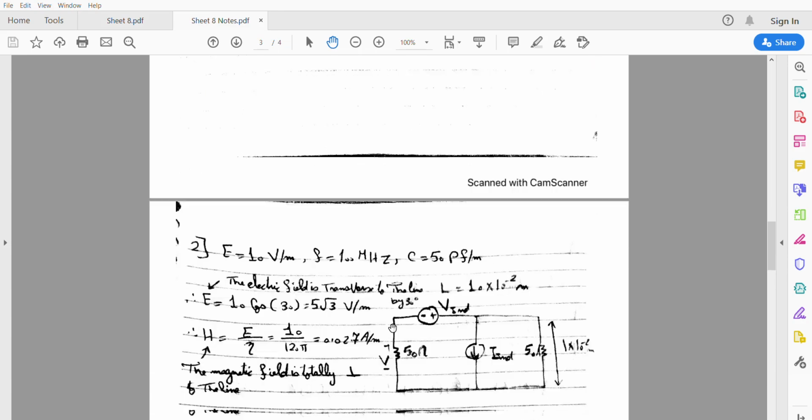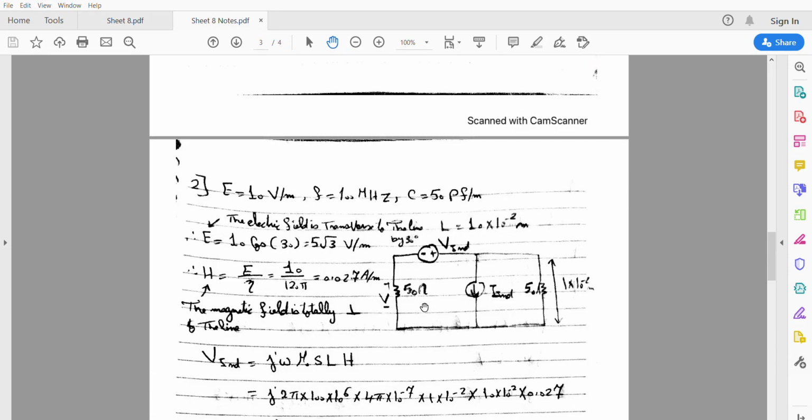So first thing, we draw our circuit. We know that since there is an incident electromagnetic field, we express it as a magnetic field and an electric field. The magnetic field is expressed as a voltage source and the electric field as a current source. So first, we know the electric field is transverse to the line by 30 degrees.